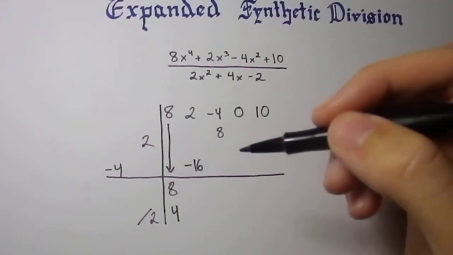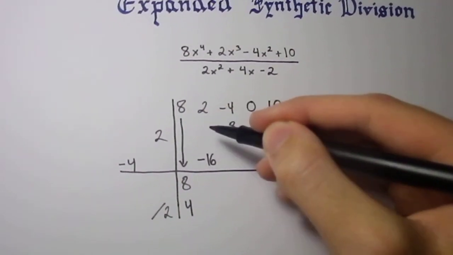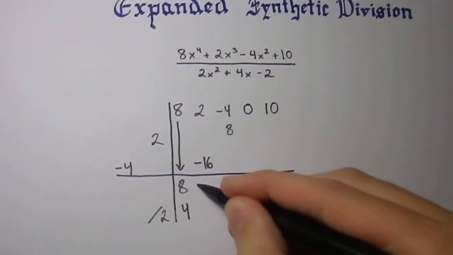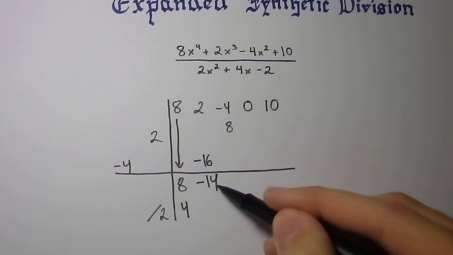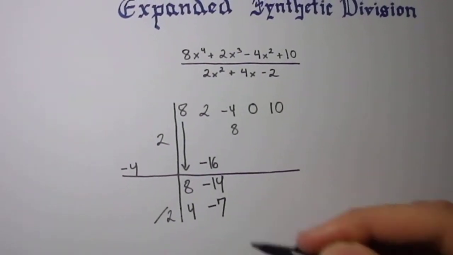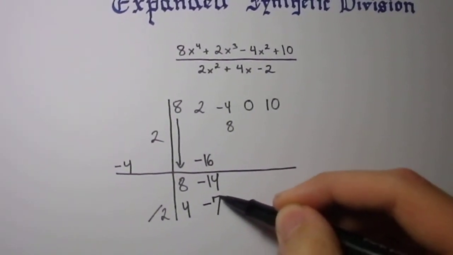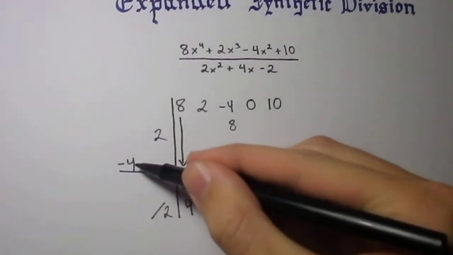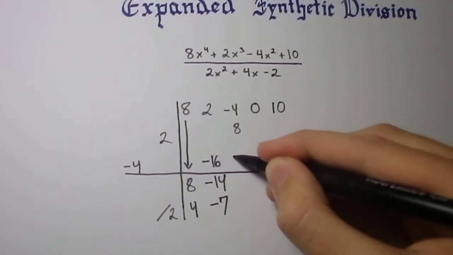You want to then take 2 and subtract it by 16 to get minus 14. And then you take minus 14, divide by 2, and you get negative 7. And it's just that simple. Take negative 7 and multiply it to negative 4, which would be a positive 28.